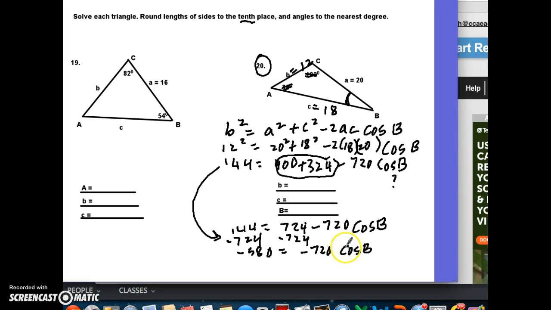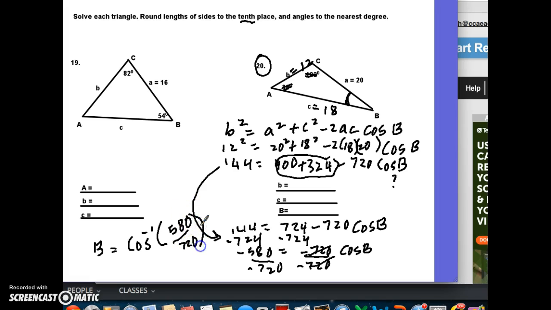And then what? Divide both sides by negative 720. So cosine B is negative, divided by negative, be a positive. So B itself will be the angle whose cosine is 580 over 720.